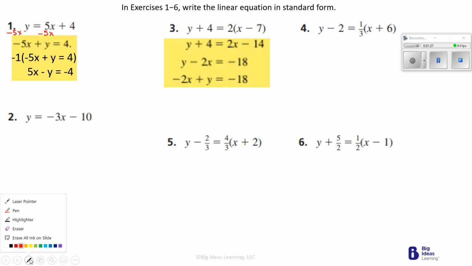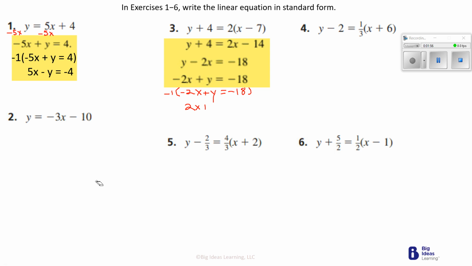And the only thing that they forgot to do is multiply everything to the inverse, or by negative 1, excuse me, to make sure their x was positive. Okay, and that's going to leave them with 2x minus y, excuse me, minus y.